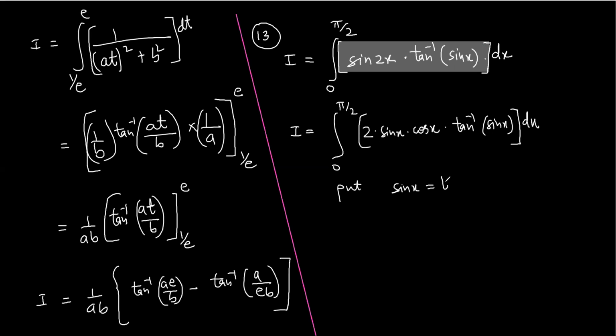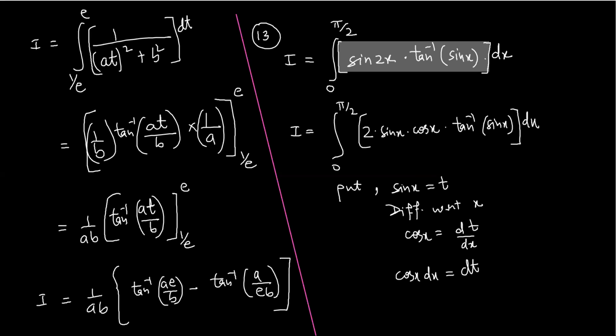So I write, put sin x equals t. The moment you substitute, you will differentiate with respect to x. So you have cos x, d by dx of sin x is cos x, and d by dx of t. Now this dx multiplies here, so you get cos x dx equals dt.